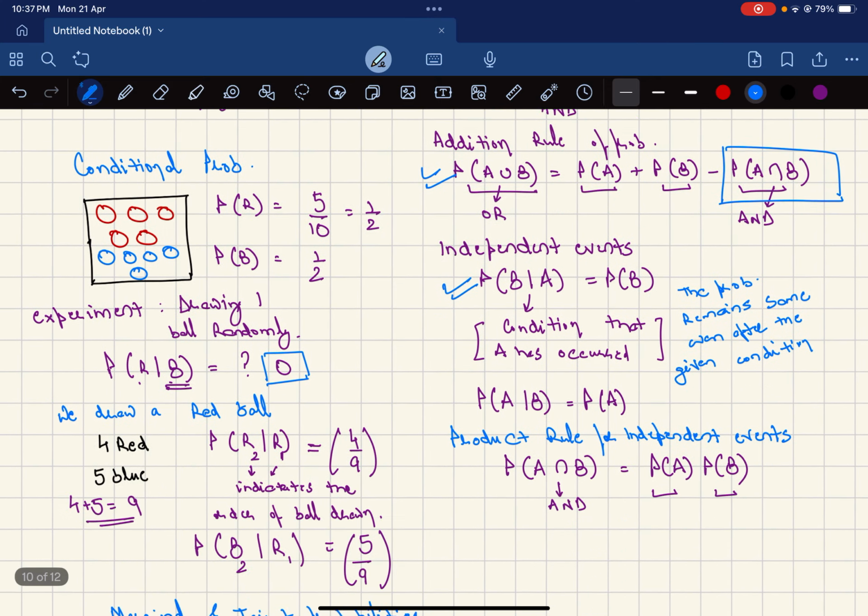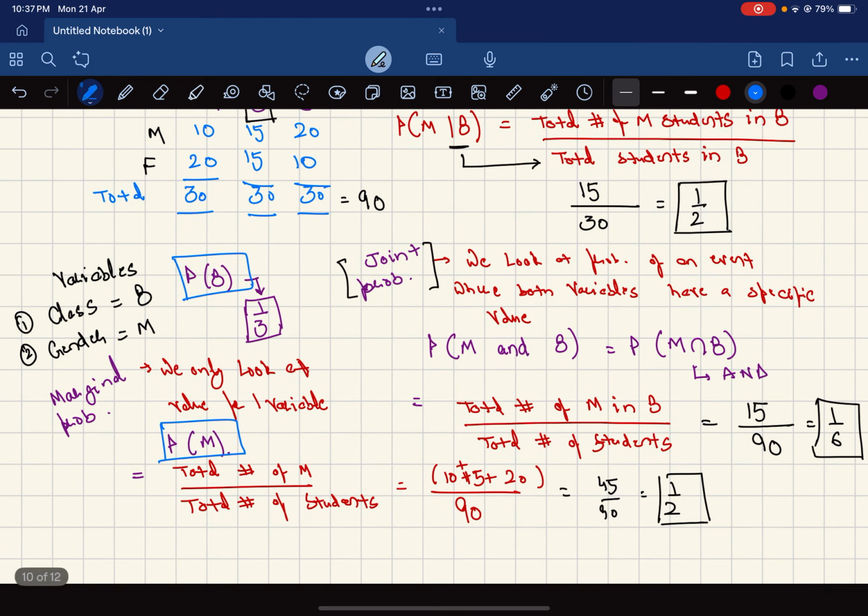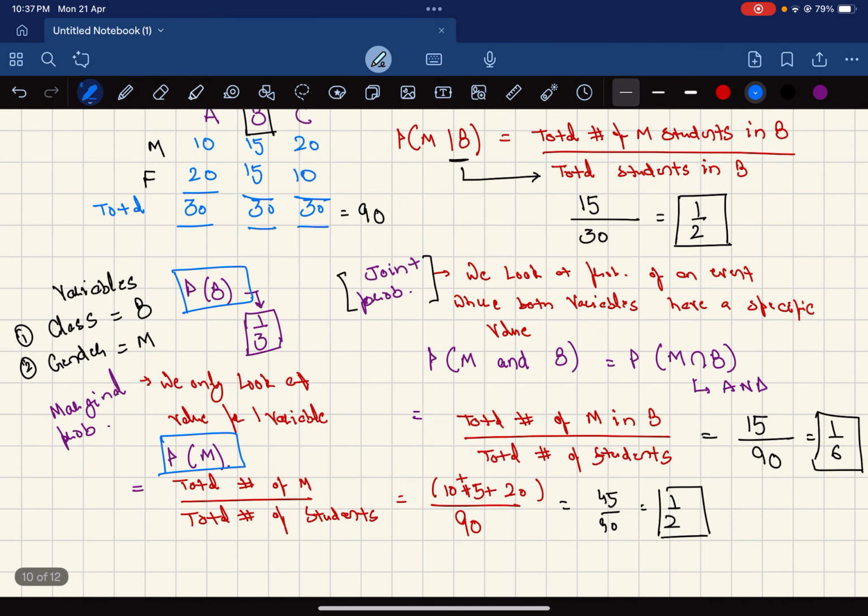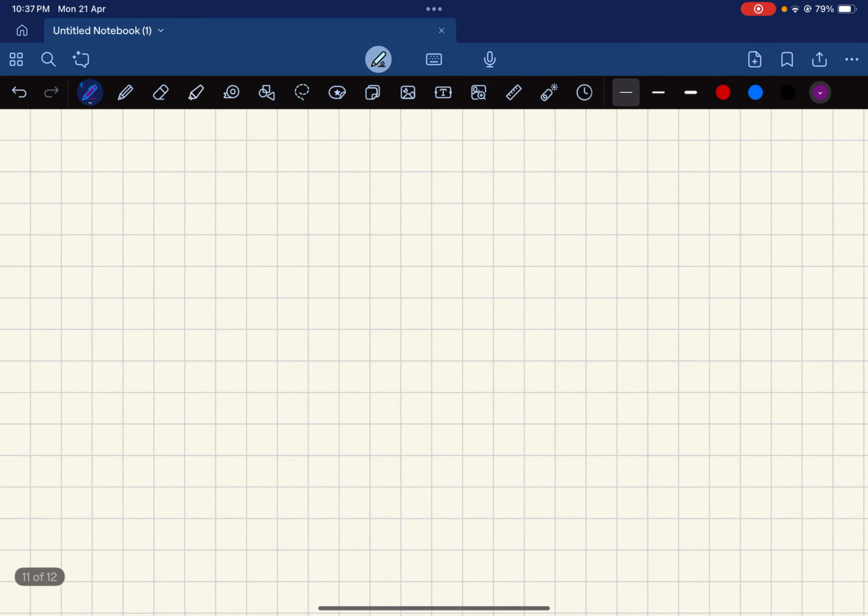Now we'll be moving on to more interesting stuff. We'll be looking at one of the famous questions of probability. This is something called the Monty Hall problem. So based on whatever concepts we have seen till now, one should be easily able to understand this kind of a problem.